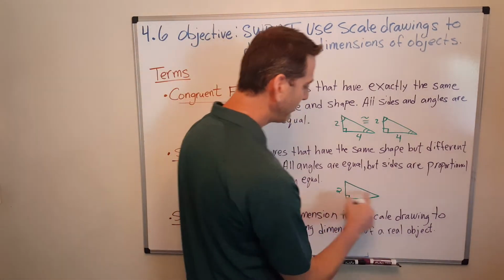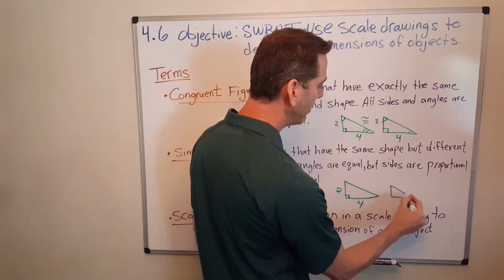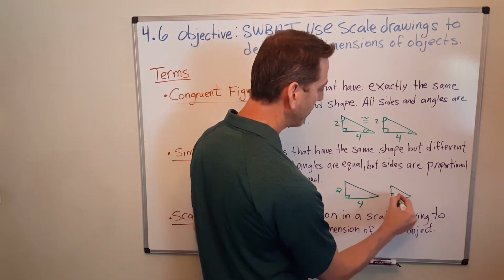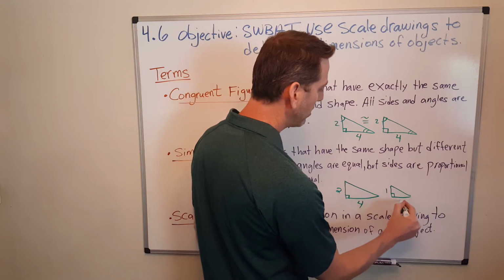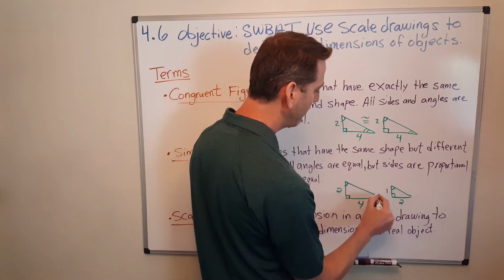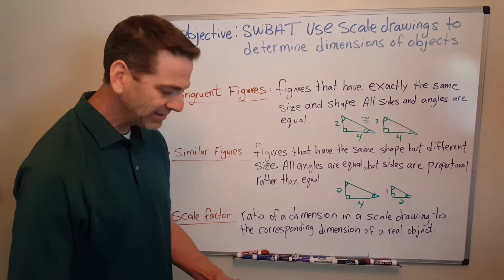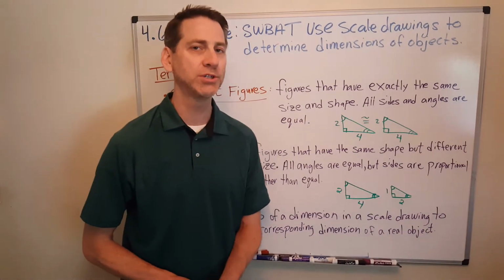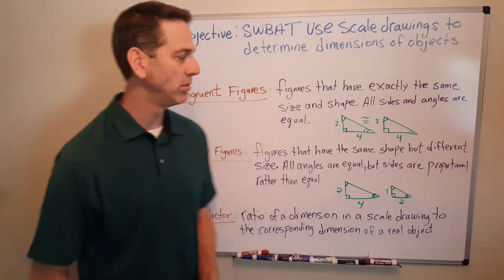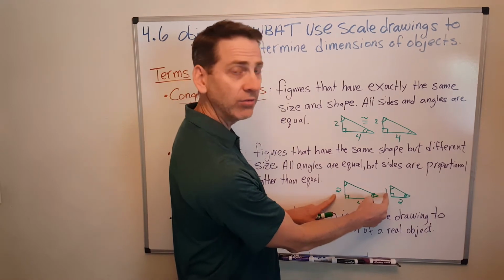If I have similar triangles though, I might have something that looks like this. My angles are going to be all the same, but my sides are going to be proportional, not equal. You can see that here the height is 2, here the height is 1.